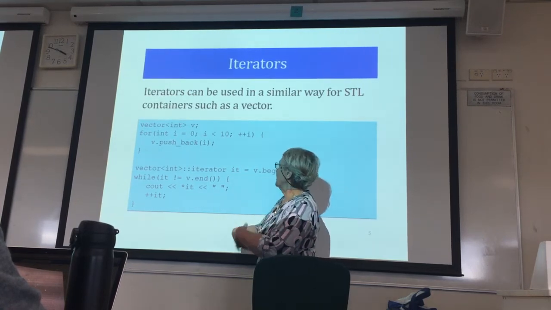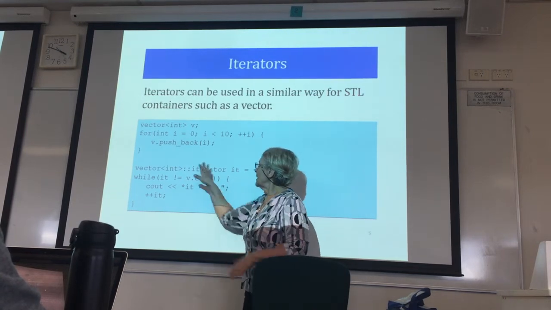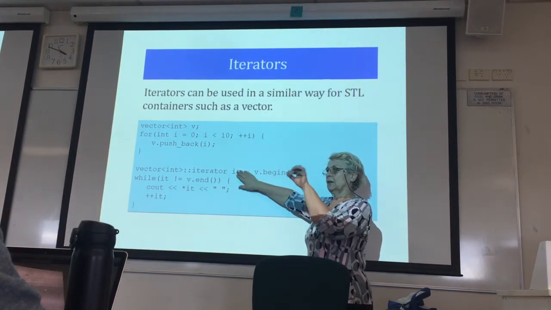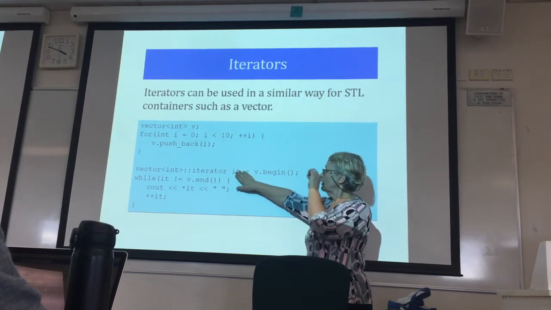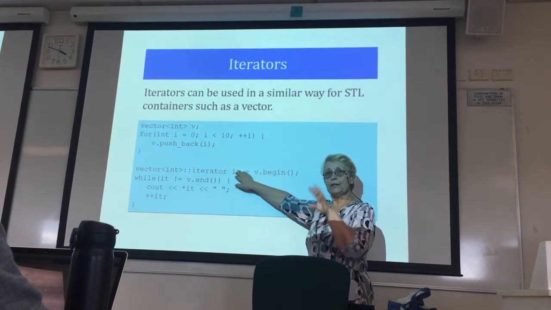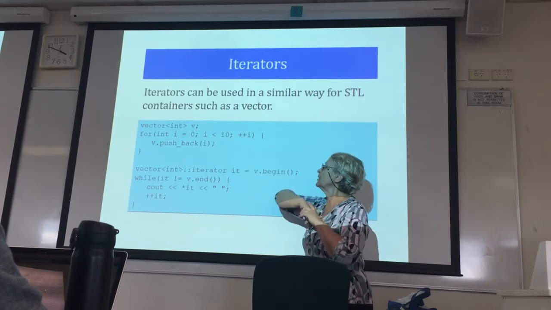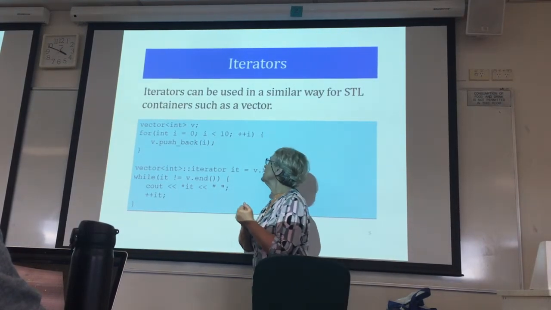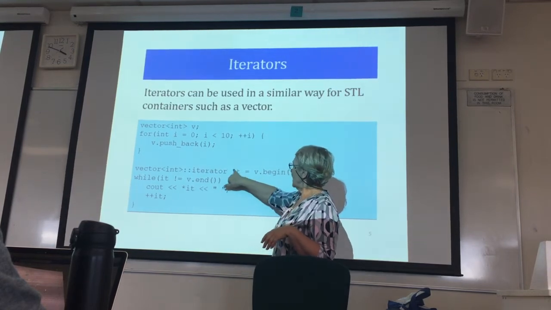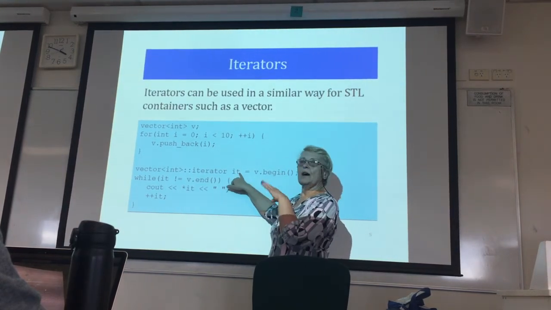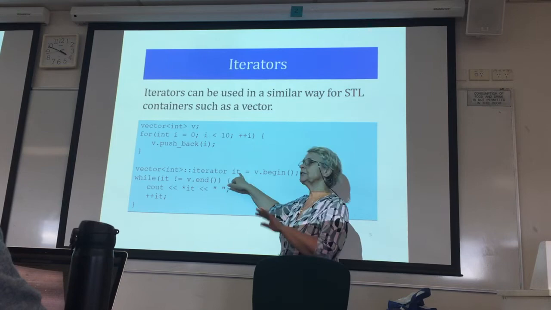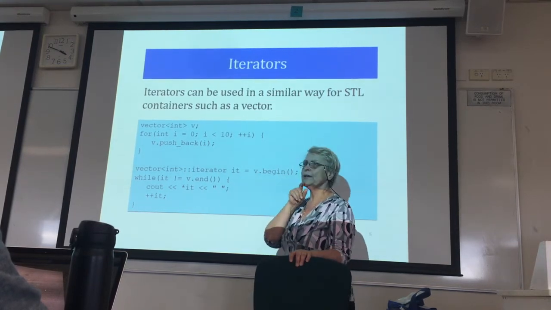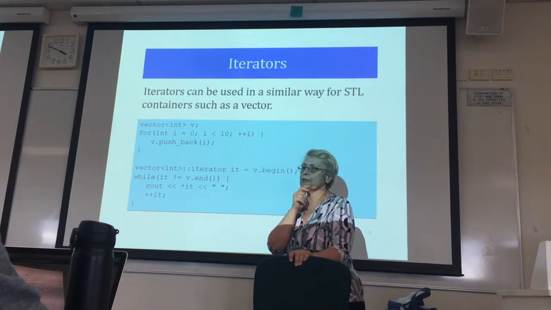To move through each element in the array, we use this tool, which is very efficient. Index operator can be used for vector. It's calling a function, as we have seen for index. But with our iterator, we are moving much faster because we are working with memory locations.